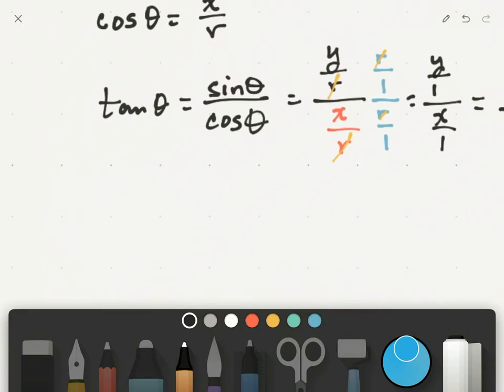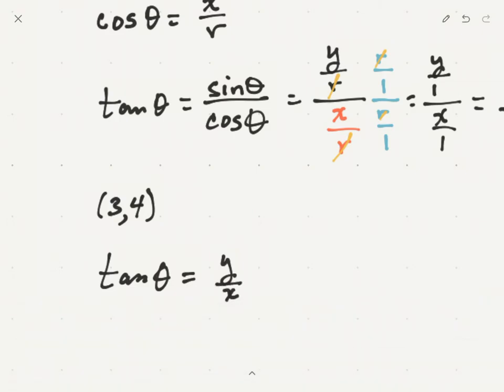So if we use the same example that we've been using, 3, 4 for our x and y coordinate, then the tangent function of the angle under consideration is just going to be y over x, which is just 4 over 3.